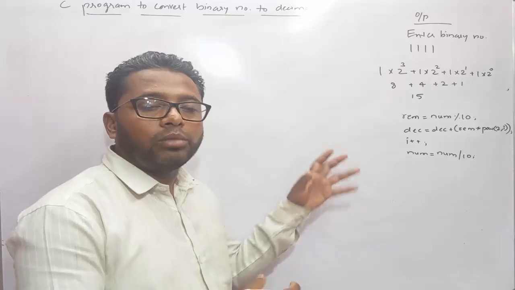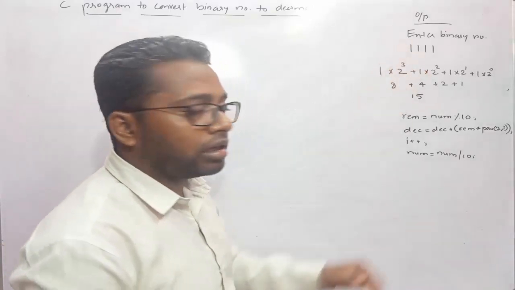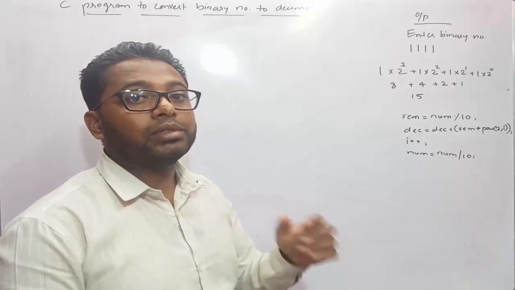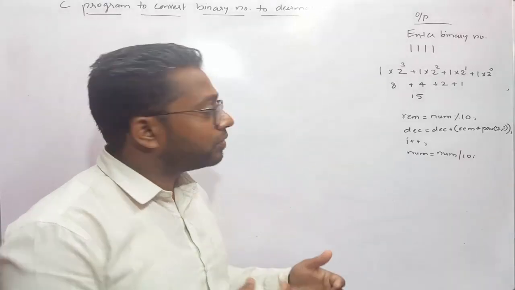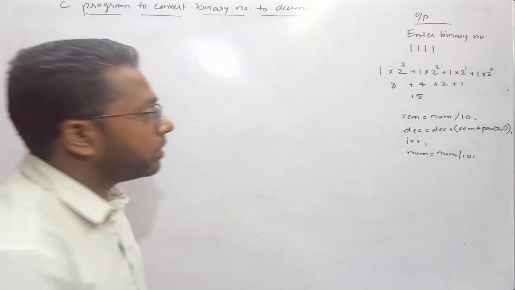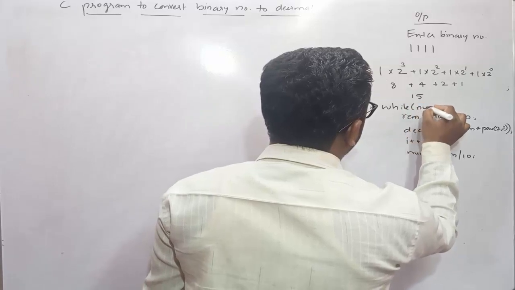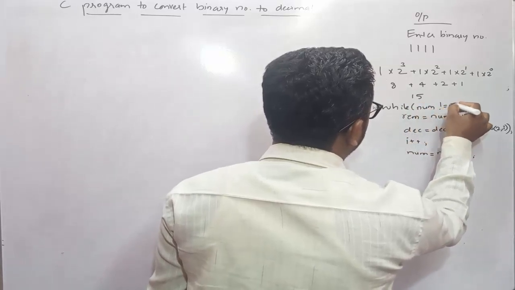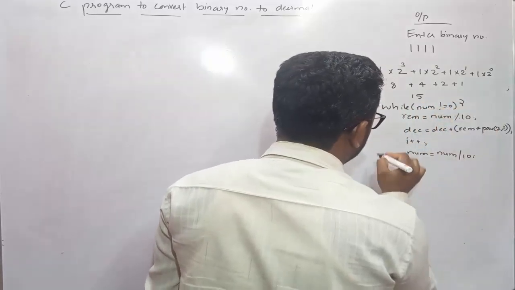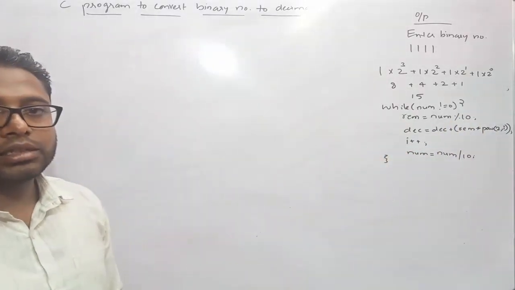How long do we need to perform these 4 steps? Until this binary number value becomes 0. That many times you need to run these 4 statements. While num is not equal to 0, that many times we need to execute these steps.